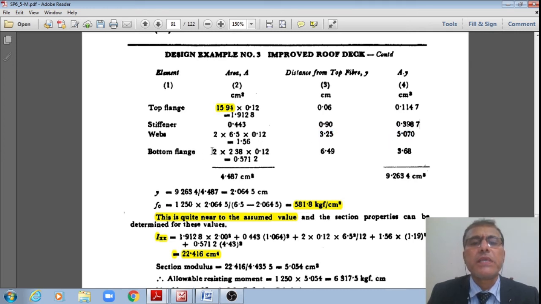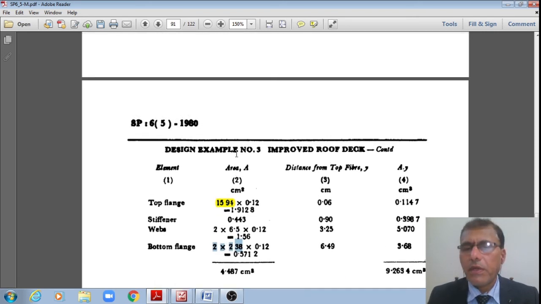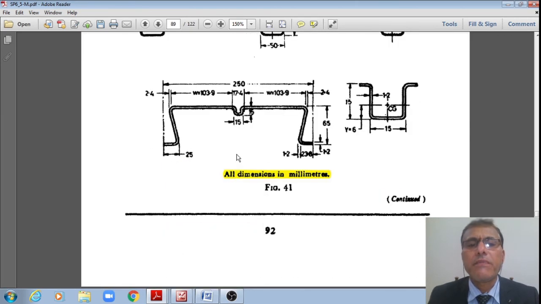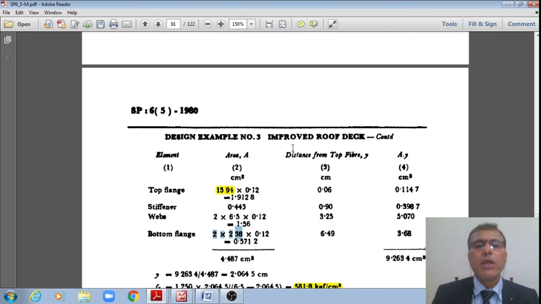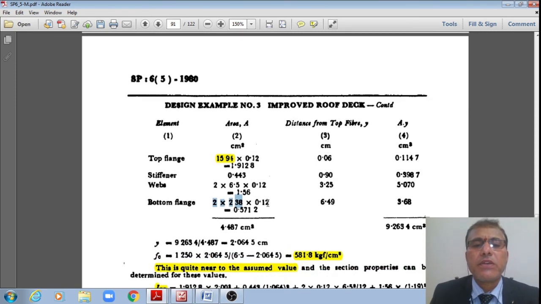Then the two bottom flanges, 2 multiplied by 2.38 with the thickness of 0.12, works out to 0.5712. The distance from the top fiber is equal to 6.5 minus 0.02 by 2, which works out to 6.49. Say A multiplied by Y is equal to 3.68.